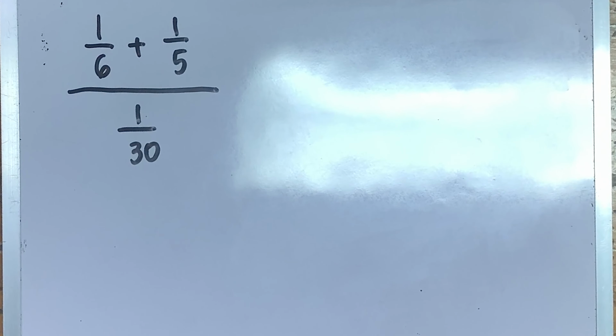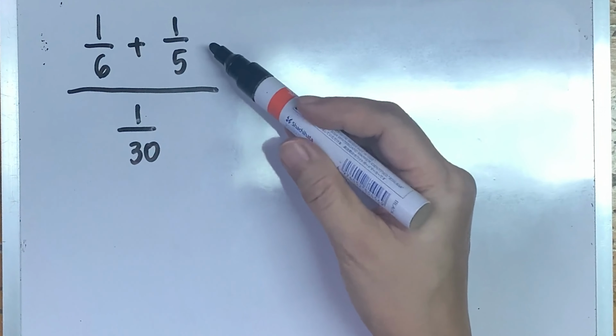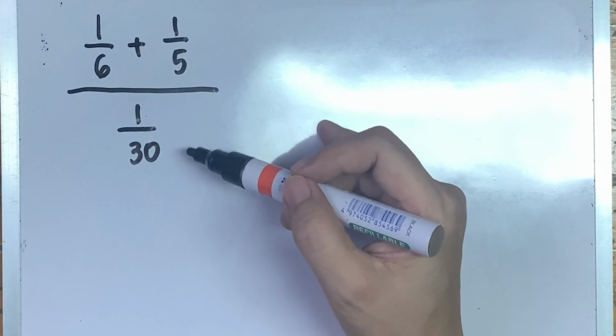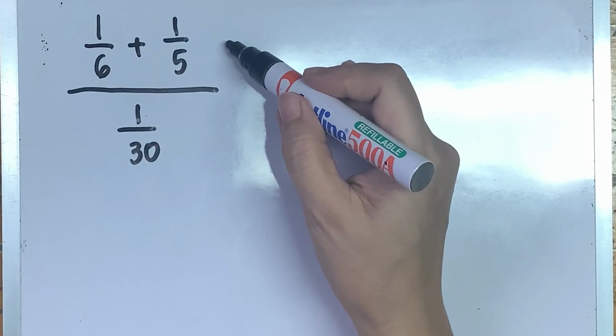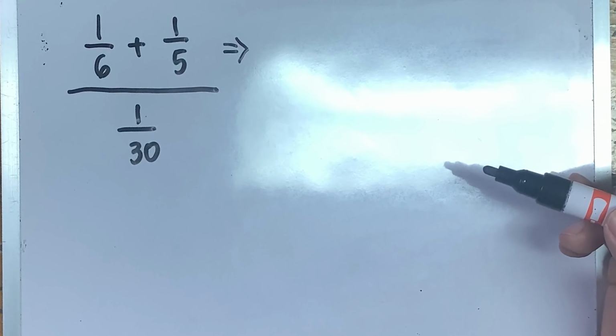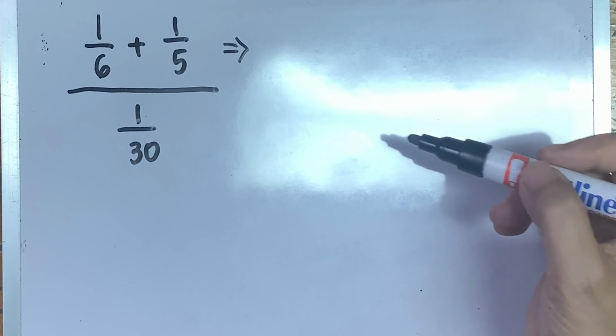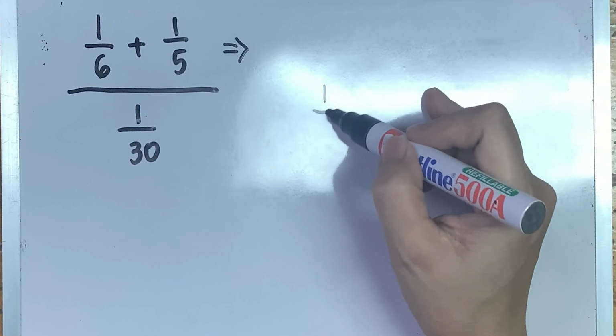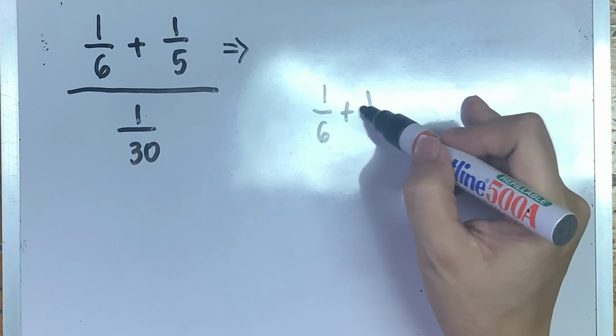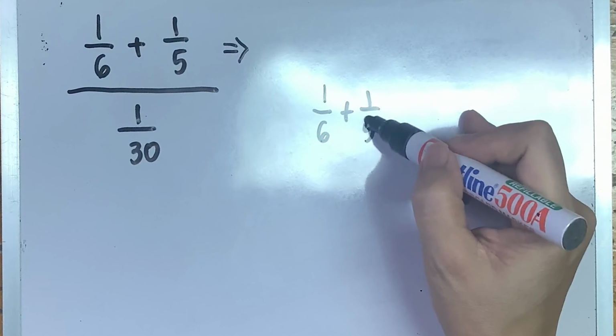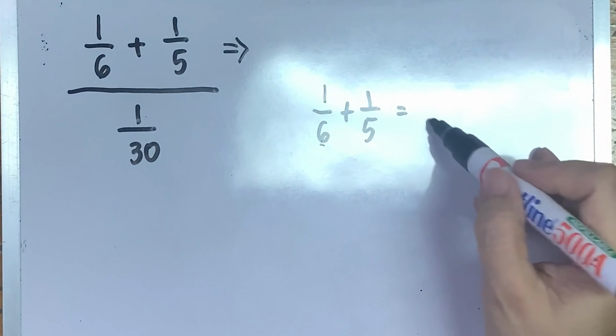Okay, for our next example, 1 over 6 plus 1 over 5 all over 1 over 30. So itong numerator natin na to, let's simplify this and make it into a single fraction. So kunin natin yung LCD ng 1 over 6 at 1 over 5. So we'll simply multiply them.